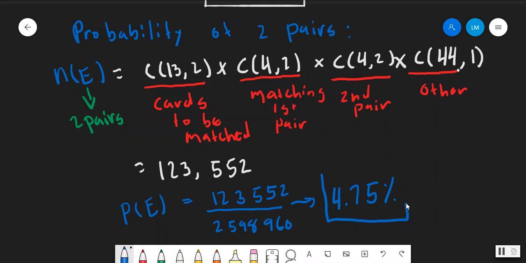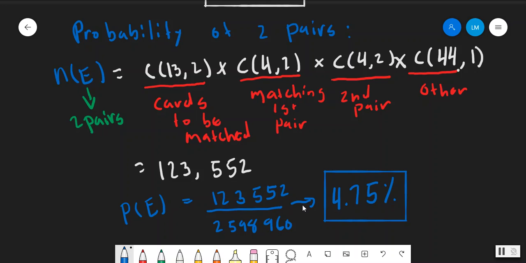So we can multiply this by 100, and you'll find that that's equal to about 4.75%, which tells you that you have a higher chance of getting two pairs.